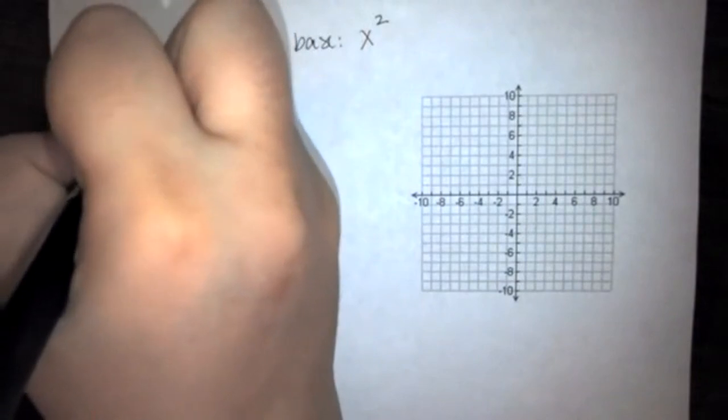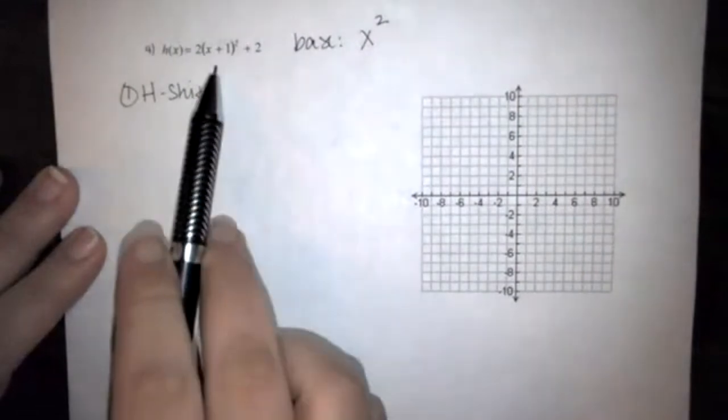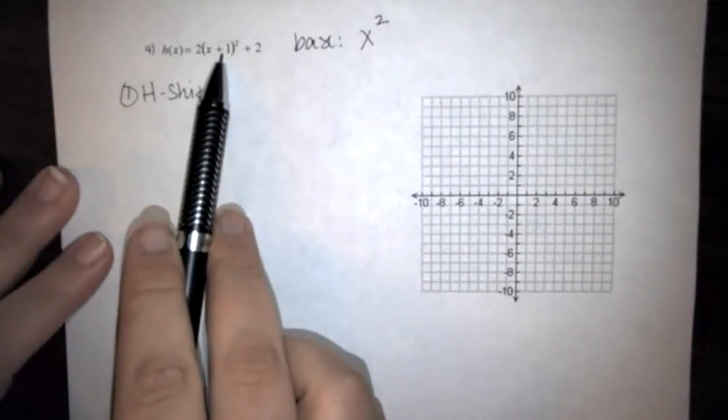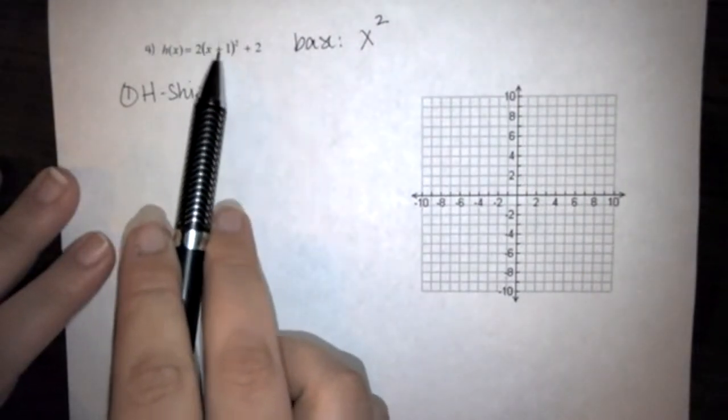So again, the first thing you need to look for is your horizontal shift. So here, do I have one? Well, I do. It's inside the parentheses. Because it's a plus, it tells me I'm going to the left. And how far? Well, I'm going 1 unit.